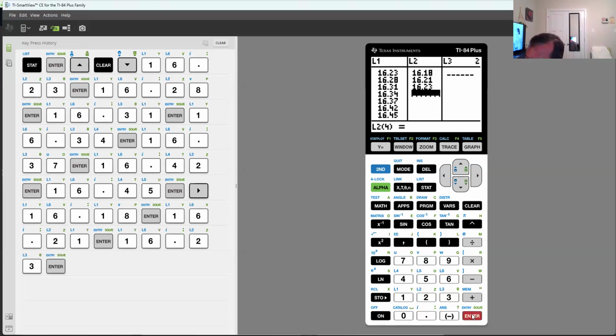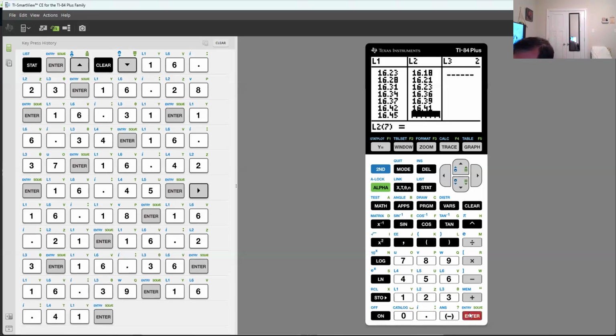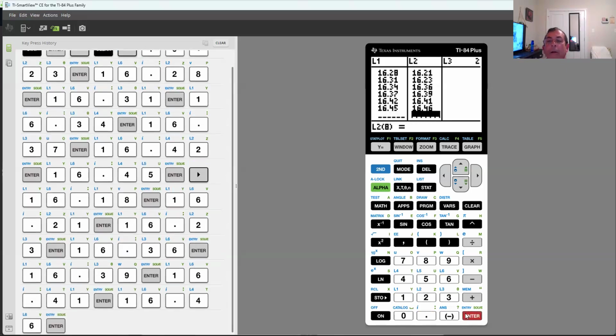Enter. 16.36. 16.39. 16.41. And y'all, my last one is 16.46. And enter. So I entered all that data into L1 and L2, so now I'm going to quit that screen.